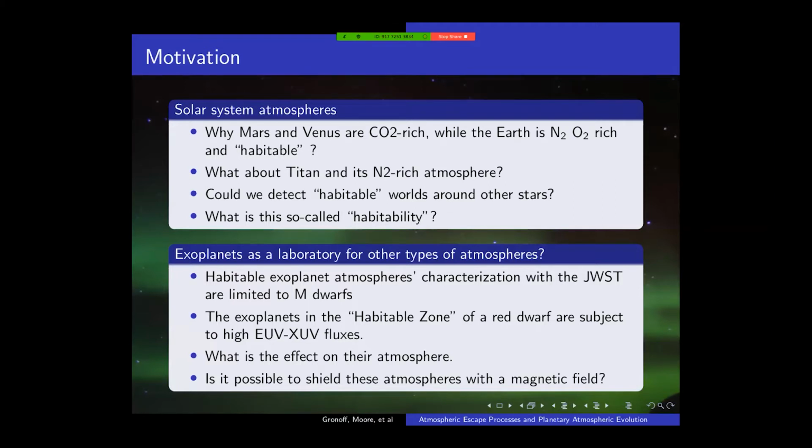And what is the evolution in the solar system that led to the atmosphere of our planet, and why are they so different? We know also that exoplanets are laboratories for different kinds of atmospheres, and they are both able to show us something new and able to make us better understand what is going on in our own solar system.